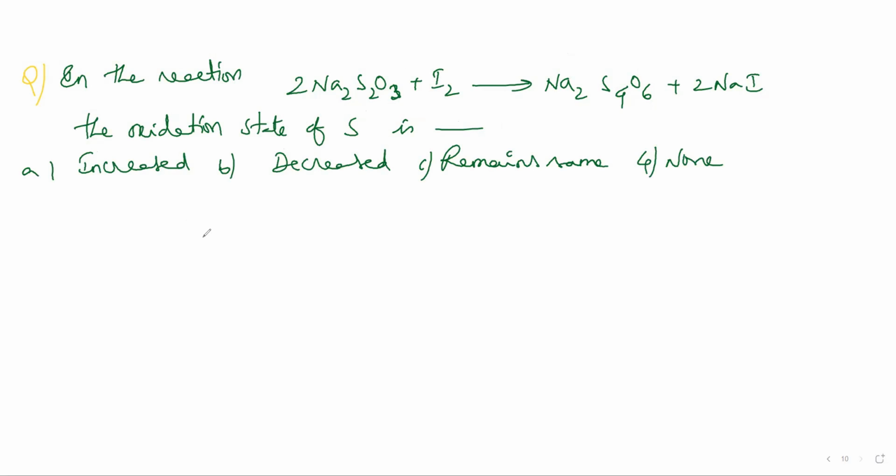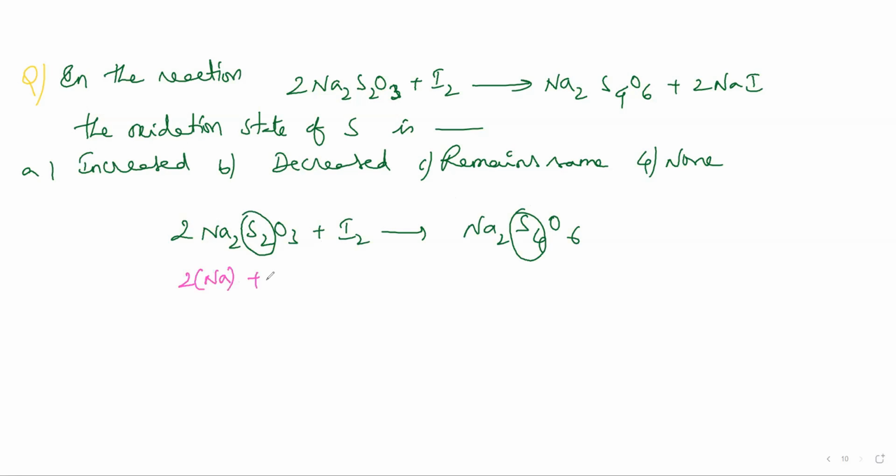So let me write that equation once again. Na2S2O3 plus I2 gives rise to Na2S4O6. Now what is the oxidation state of sulfur in both cases? First case, Na2, that means 2 into sodium oxidation state, 2 into sulfur, we don't know, that is x, 3 into oxygen.